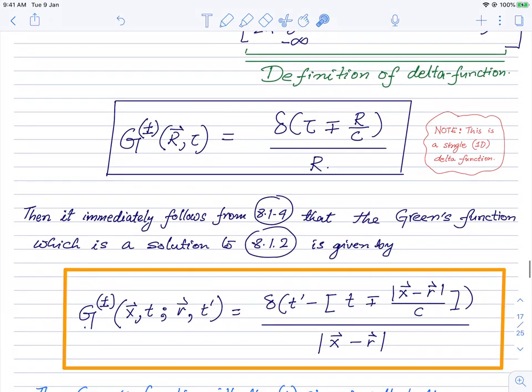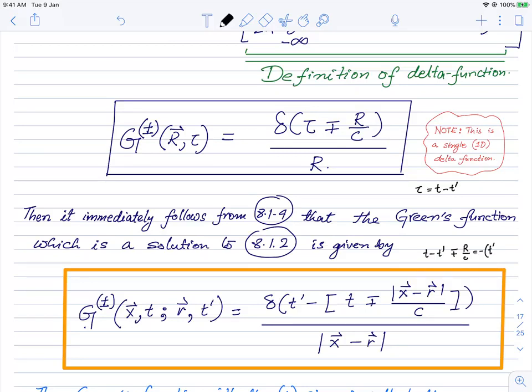Here we have this tau, which is t minus t prime. I think that was our definition. So in the argument we had t minus t prime minus plus r by c, and then we just wrote this with a minus sign outside.